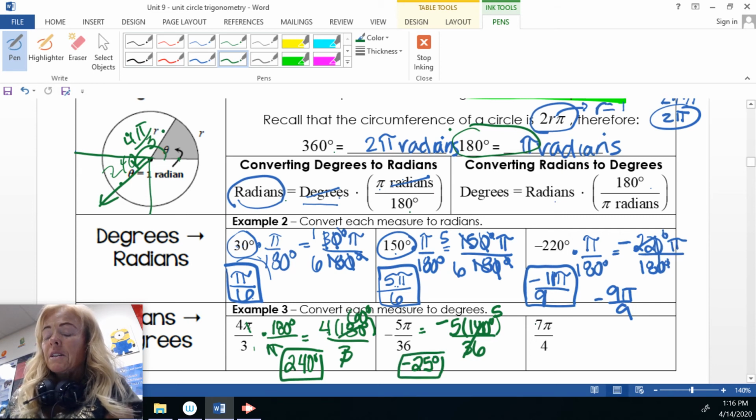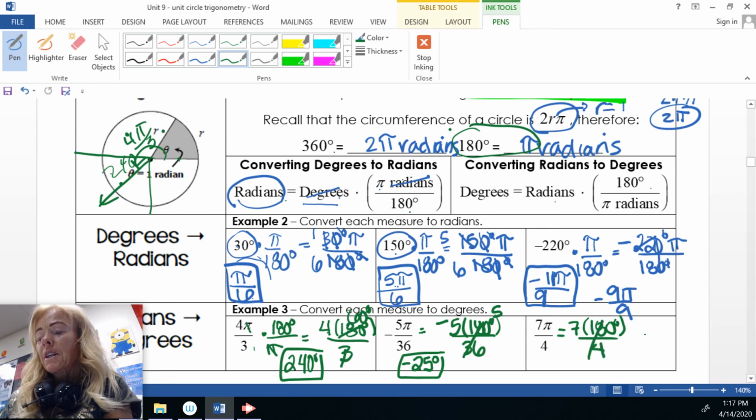Right? And then 7 pi over 4, again, we're going to replace pi with 180 degrees. And 4 goes into 180, 90 times. Wait, it doesn't go in 90.